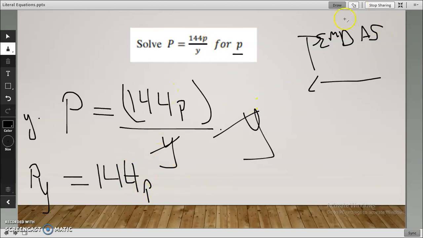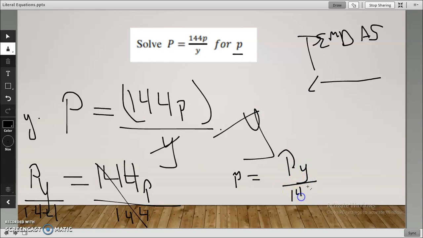I am not adding or subtracting anything, but I am multiplying. So the opposite of multiplication is division. Whatever I do to one side, I do to the other. So my 144 crosses out, and I get lowercase p is equal to capital P y divided by 144.